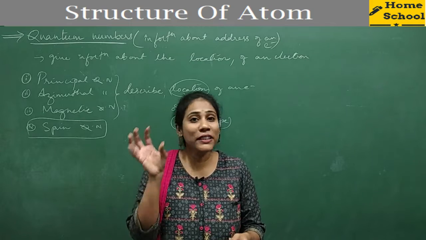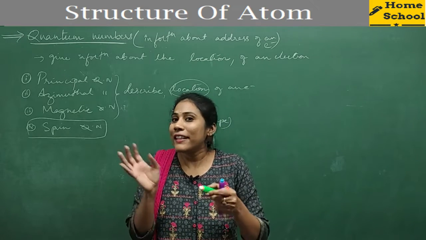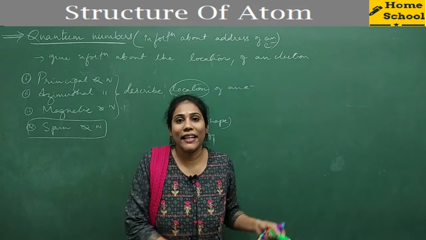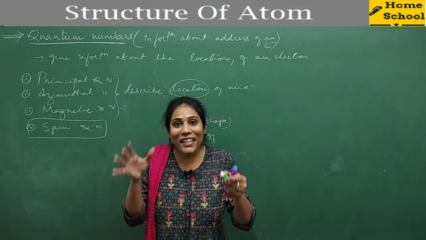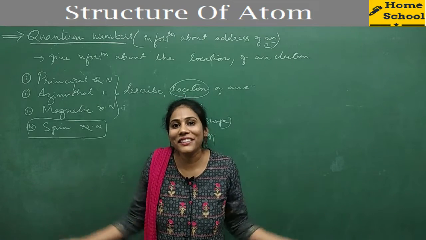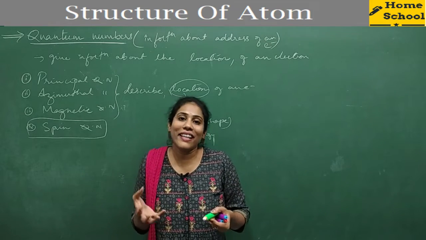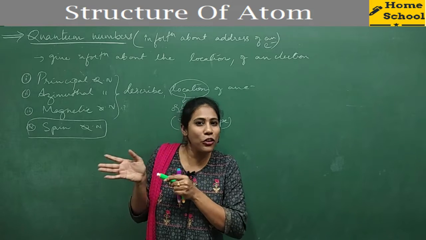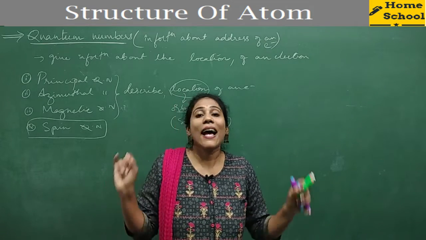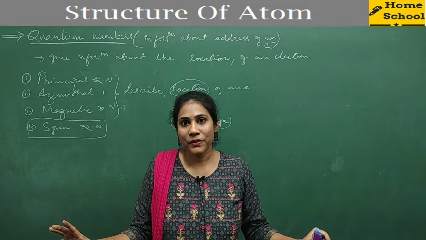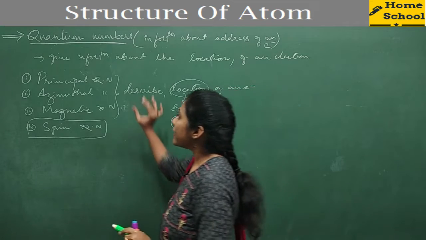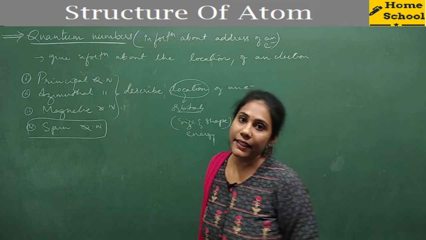When you know the nature of an electron, you can decide how it is going to react, and you can conduct various chemical reactions suitable for that particular electron. So quantum numbers have that much importance. Let us begin to understand each quantum number in detail.